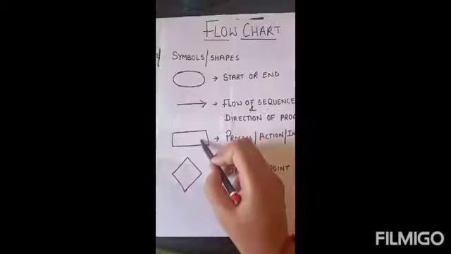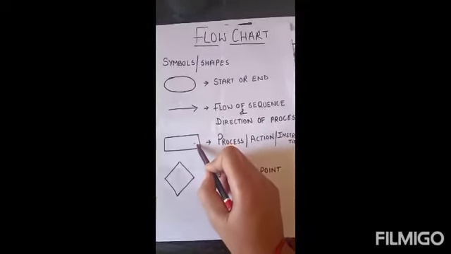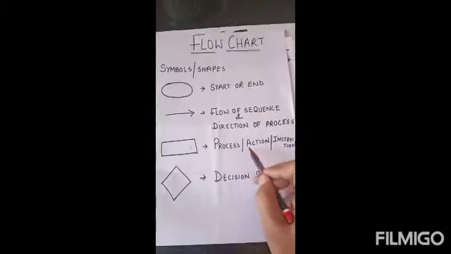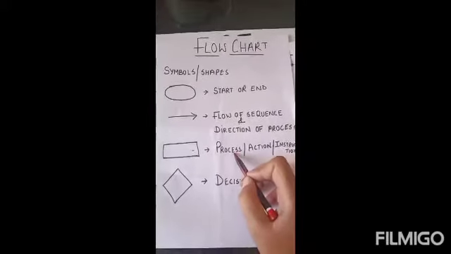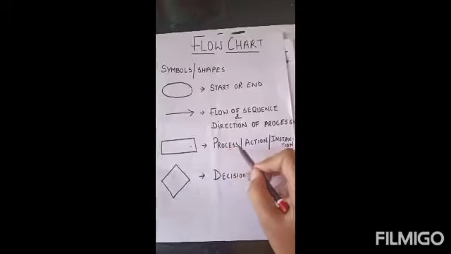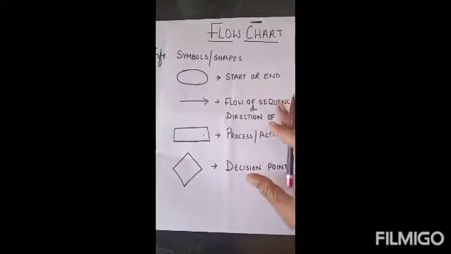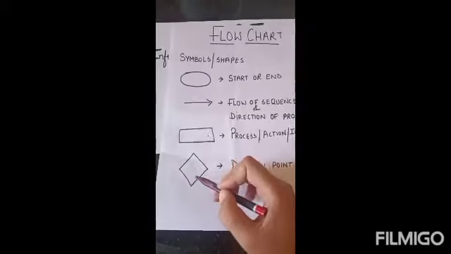Then this rectangular box is the box which represents the action which is done, what is to be done, or the instruction or the process. If we are talking about an explanation text, it will tell you the process, or else it will tell you the instructions.